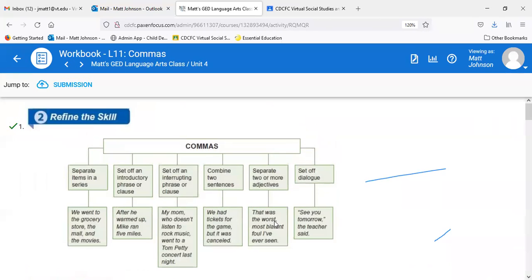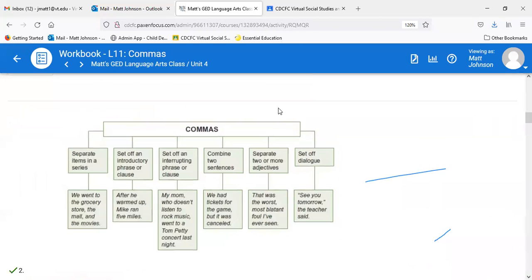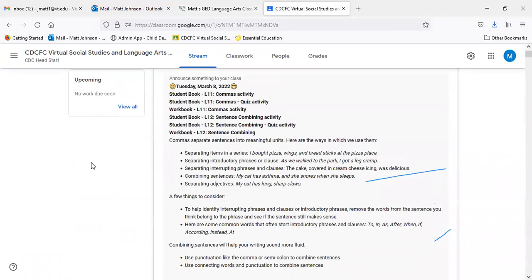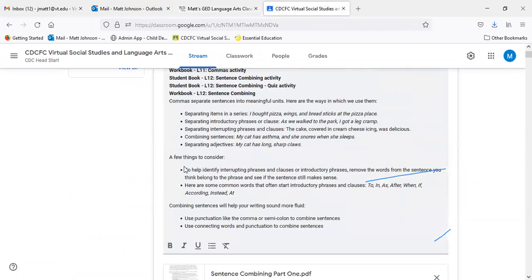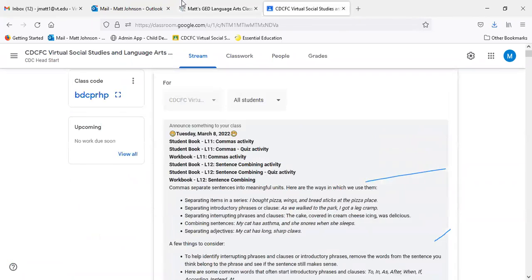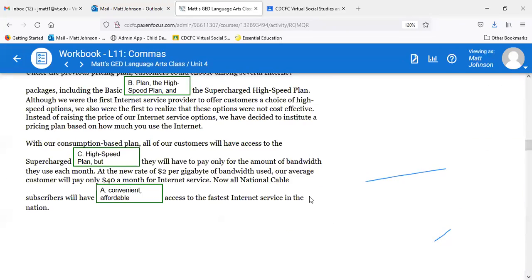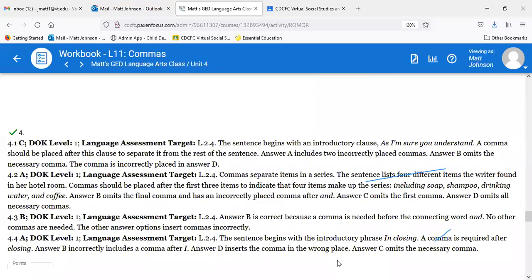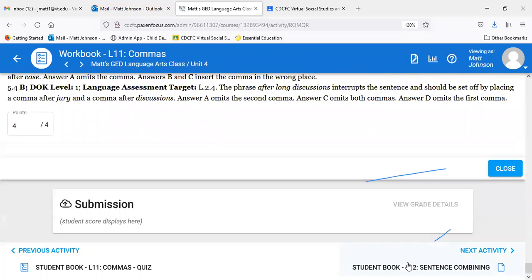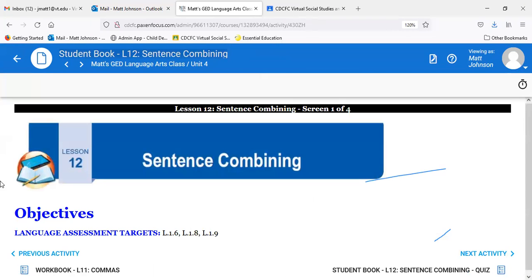All right, so this one, again, I already started my Google Classroom entry, and I have a few tips there for where we see commas and how to use them. And I'll put up our table as well in there.